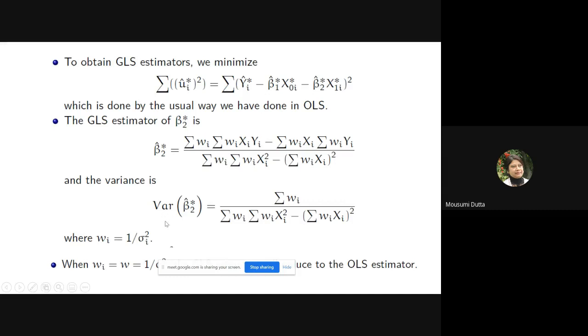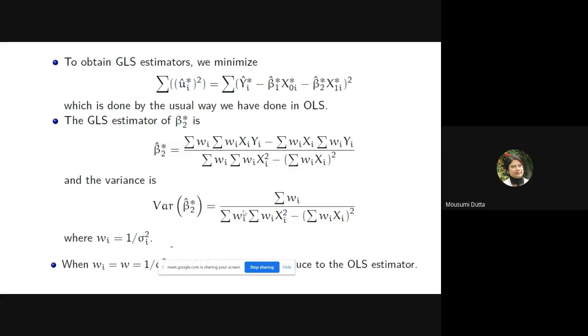And the next task will be to find out variance of beta 2 hat star. The way you do in case of the ordinary model, in that way only I derived all these values. Because after transformation, it is becoming the classical model. So the steps will be same. It is generalized estimator because we are doing all these things on the basis of the transformed model.